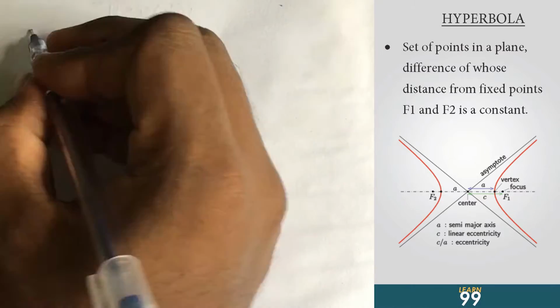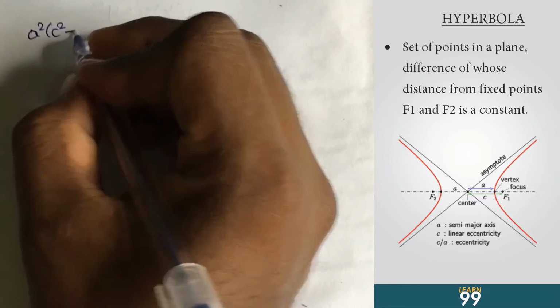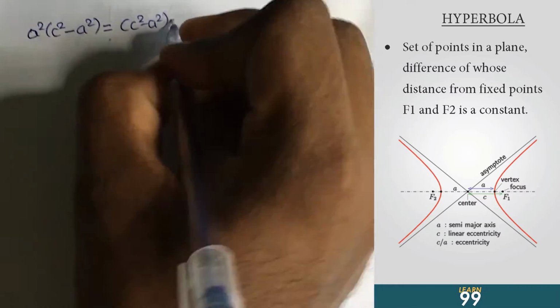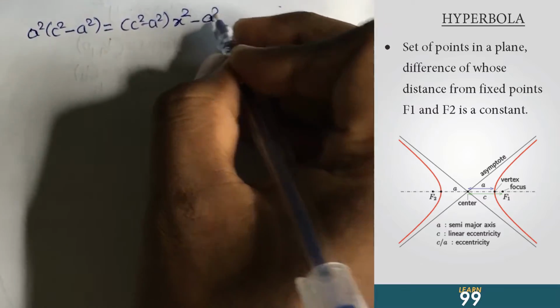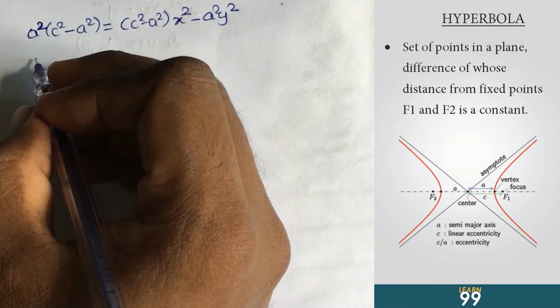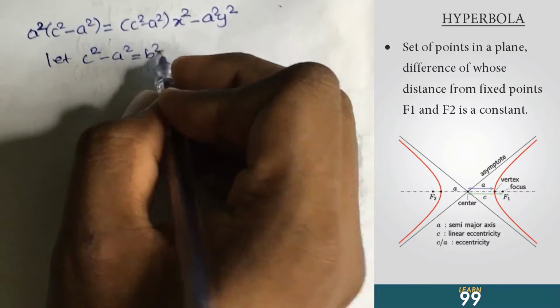After we have done this, to get a simple equation, we have to pull out the minus from the equation, then we can substitute c squared minus a squared as b squared, and then we will get a simple equation.